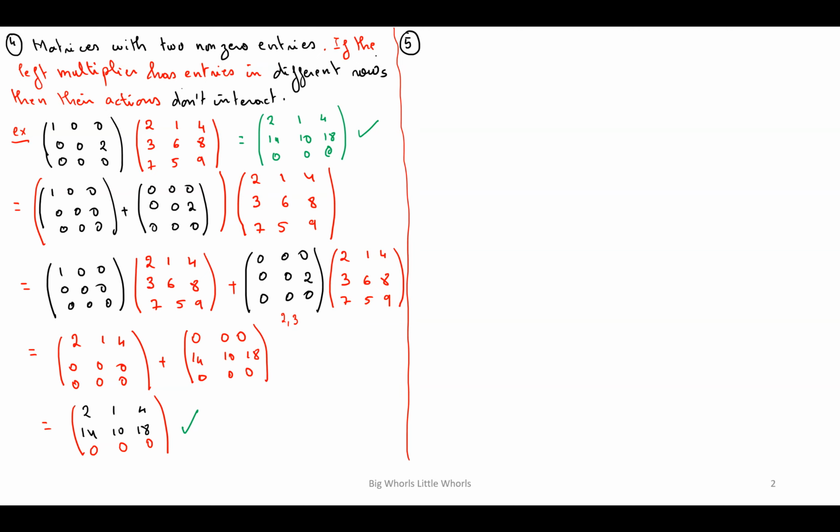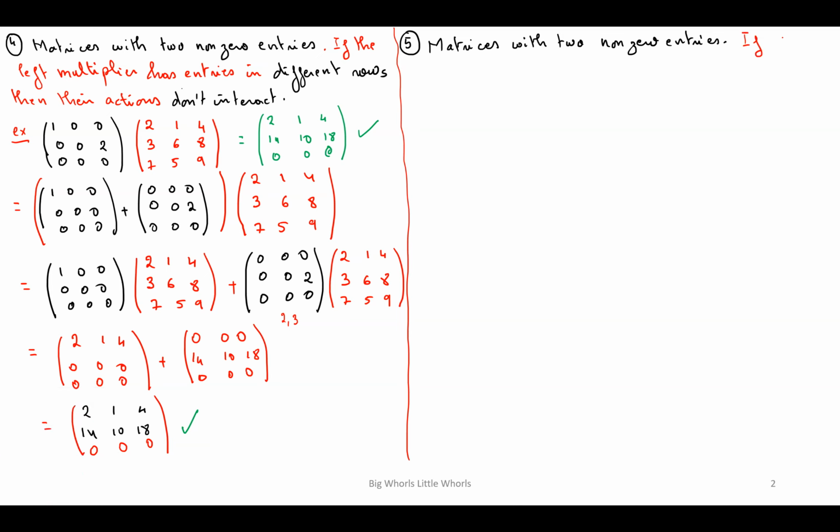So let's consider matrices with two non-zero entries in the same row.